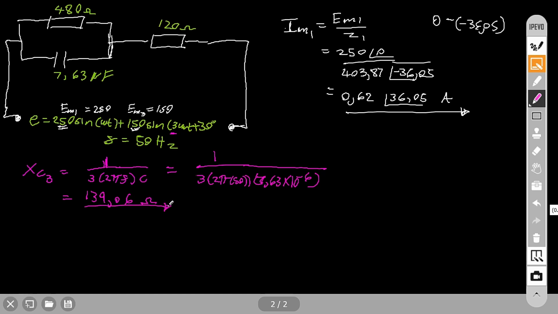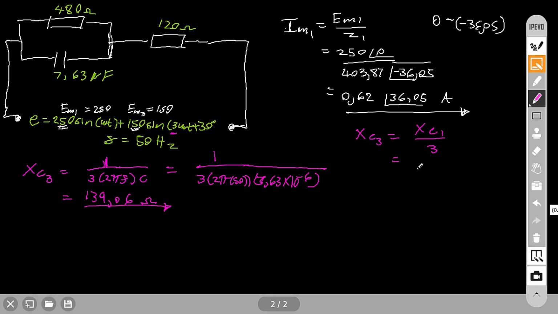But there is a shorter method: the reactance of the capacitor at the third harmonic is equal to the first divided by 3.